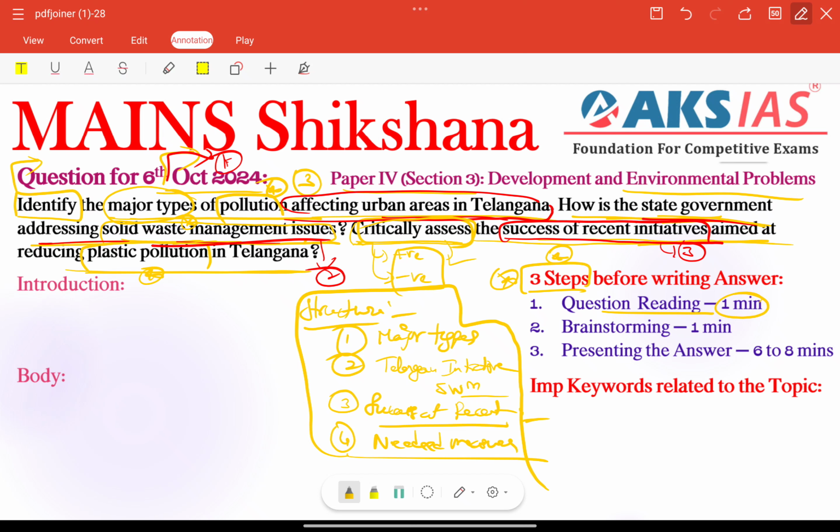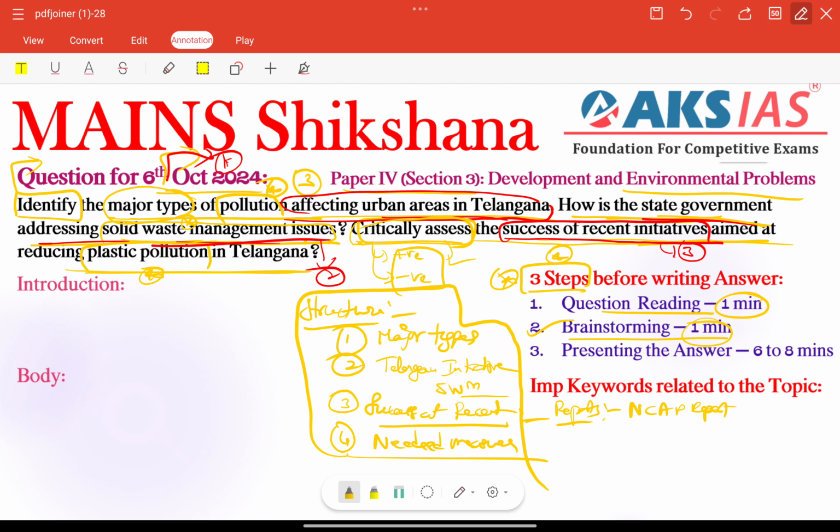So here the next important second part is, within 1 minute we need to identify our important keywords related to the topic here. We are talking about pollution, right? We need to provide a number of reports and facts here, right? We have the National Clean Air Program report, right?